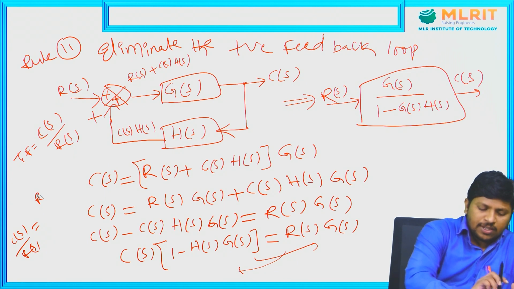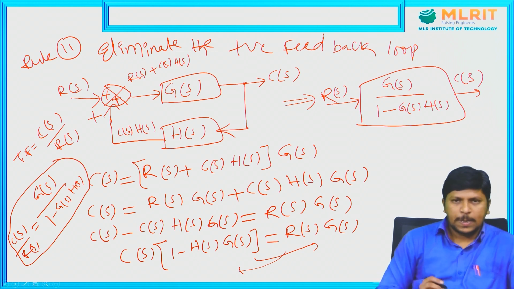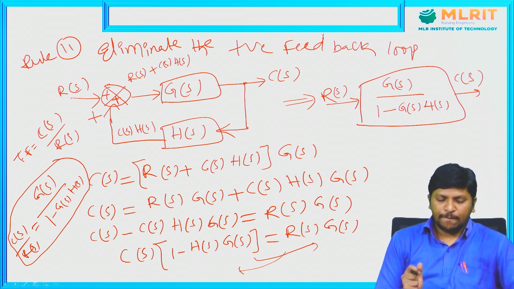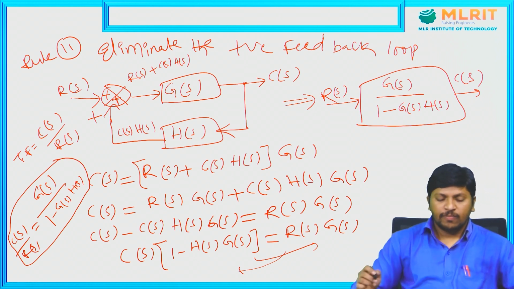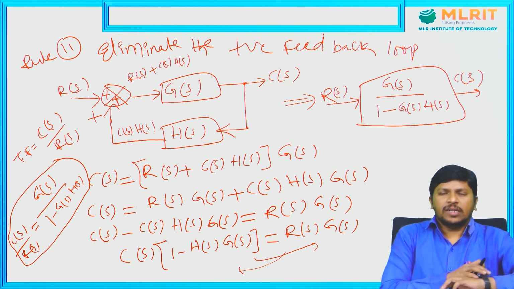G of S divided by 1 minus G of S into H of S. This is the transfer function. By eliminating the positive feedback, we get this transfer function.